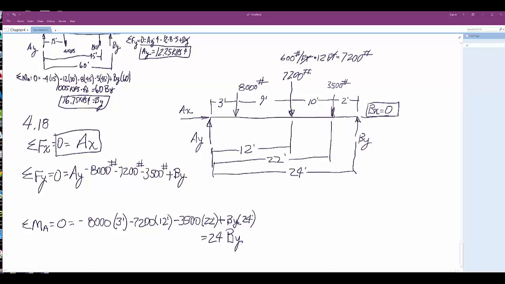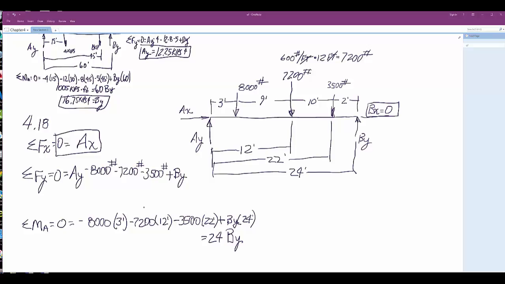Now these all go to the other side of the equation and become positive, so that's a good thing. So 8,000 times 3 plus 7,200 times 12 plus 3,500 times 22.